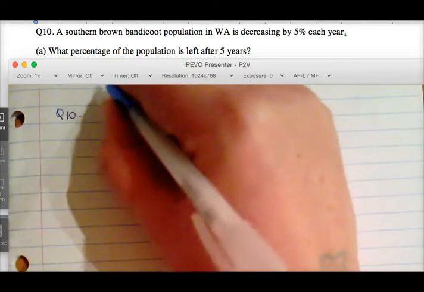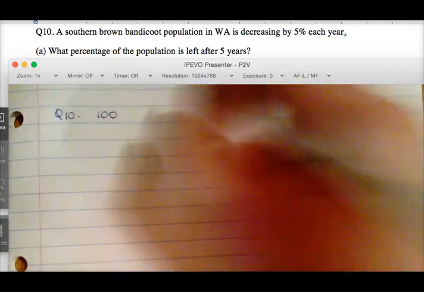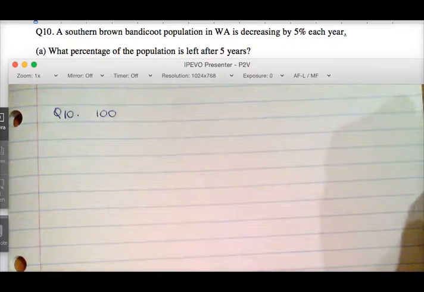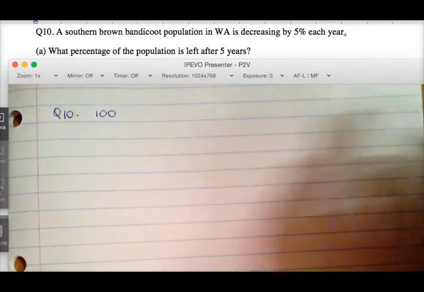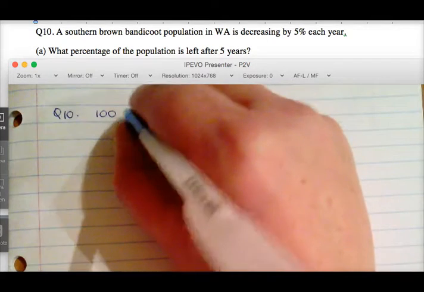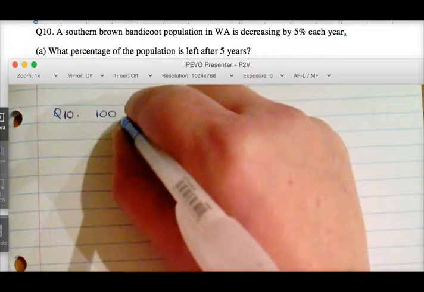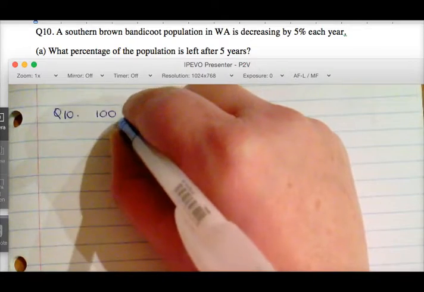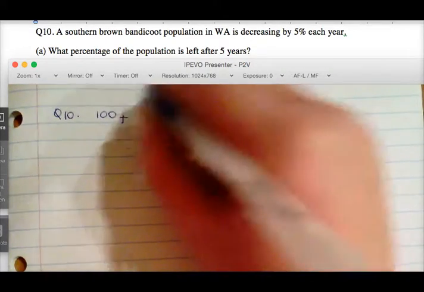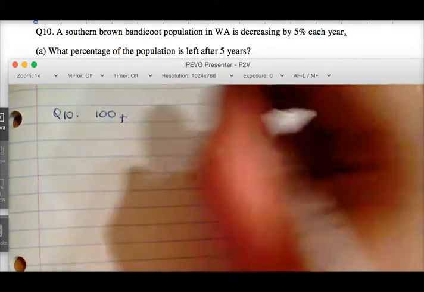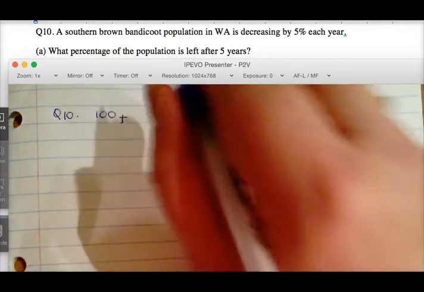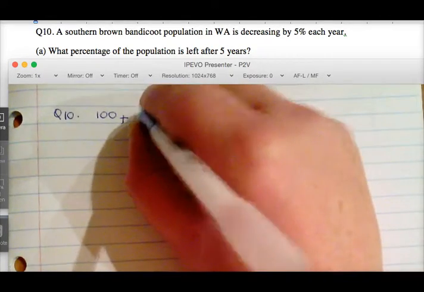So question 10, if you've got, let's say, 100% of your population at the beginning and it decreases by 5% each year, then the first one will be 100. Your second value will be, after 1 year, you'll only have 95% left.